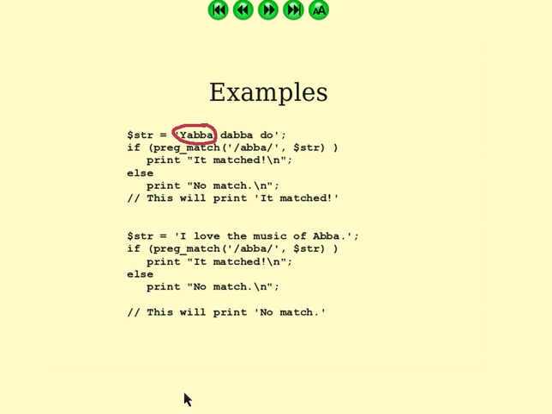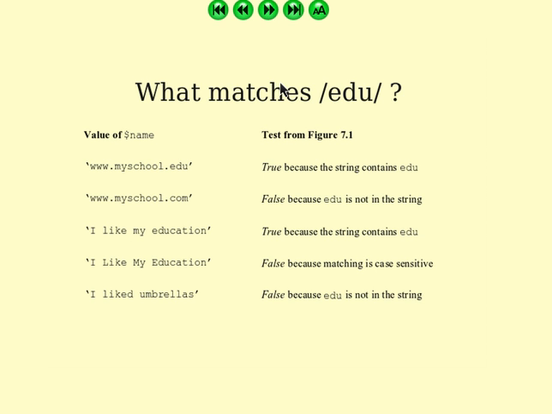Okay, good. So we got that. "I love the music of ABBA" is not going to work because matches are case sensitive. So ABBA with a capital A doesn't match that. Right? So you can use preg_match inside if-else blocks because it will return either true or false depending on whether a match was made.